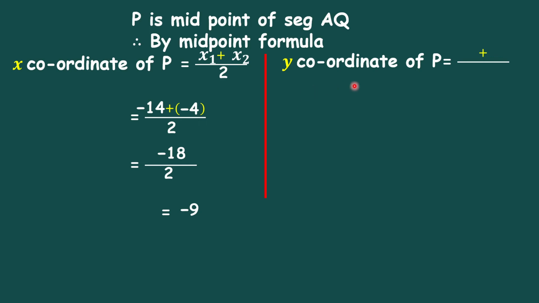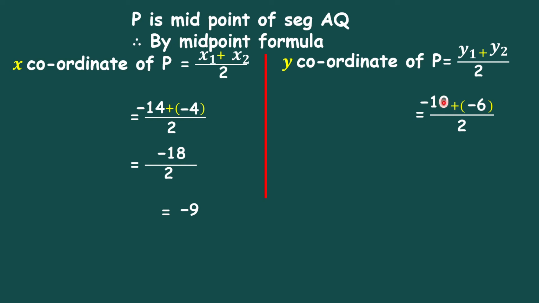Y coordinate of point P is y1 plus y2 upon 2. y1 is the y coordinate of point A, which is -10, plus y2 is the y coordinate of point Q, which is -6 upon 2.